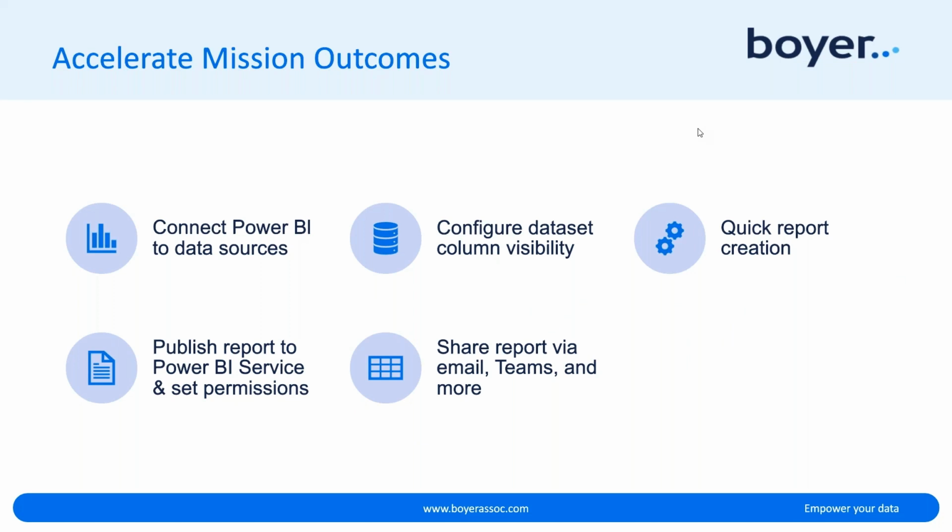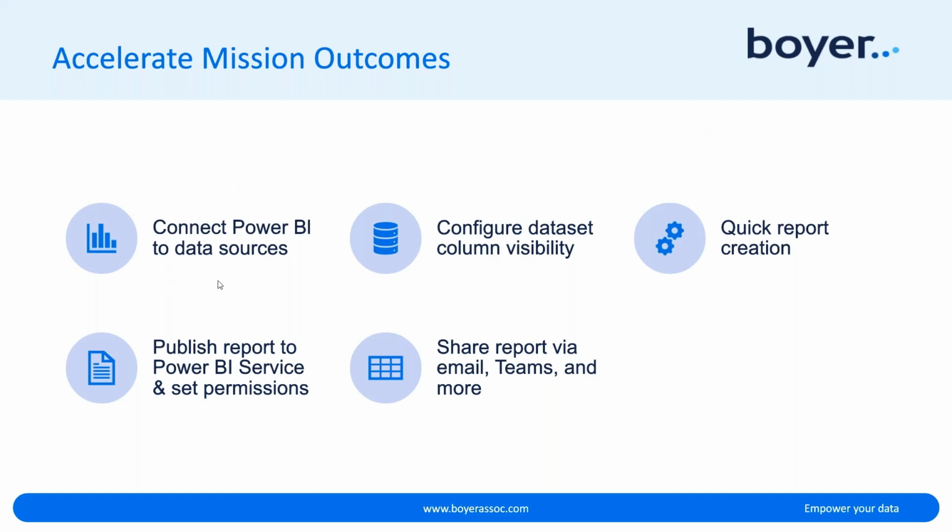Now let's take a look at a specific example of how you can get started with Power BI and work with some of the core functionality to accelerate mission outcomes. We're going to walk through 5 of the most core features in a Power BI report creation workflow.